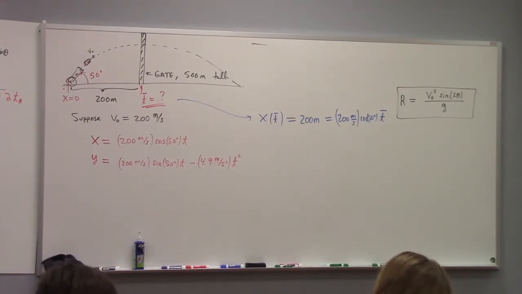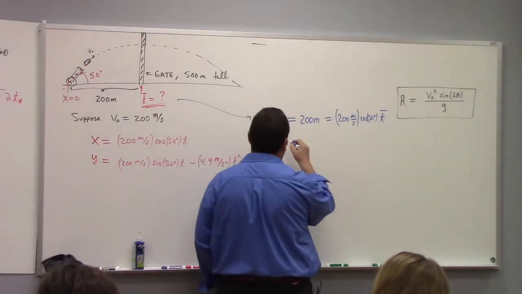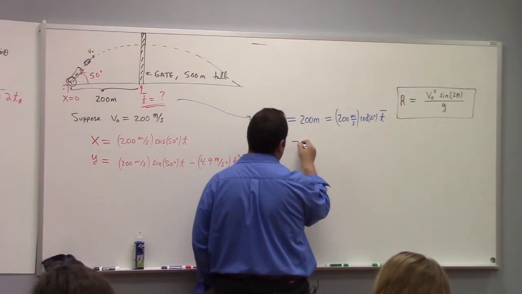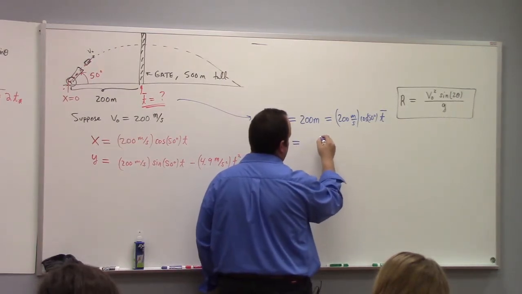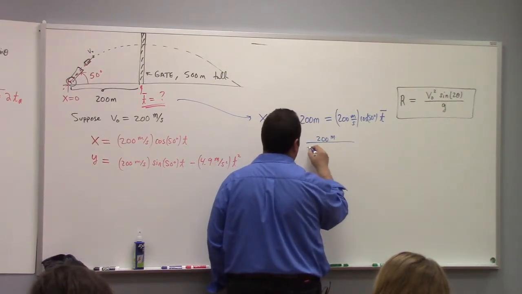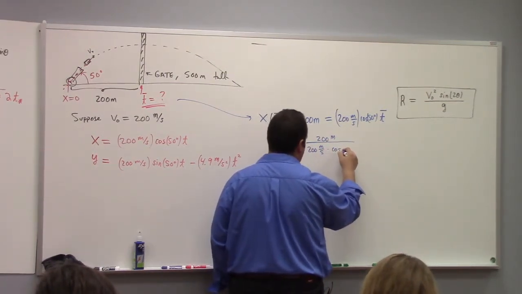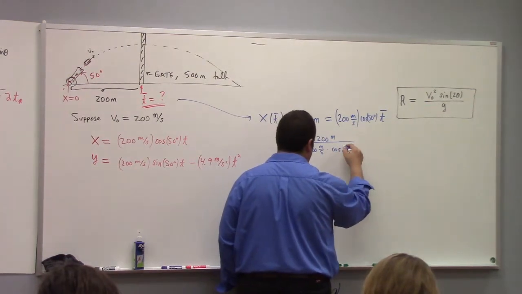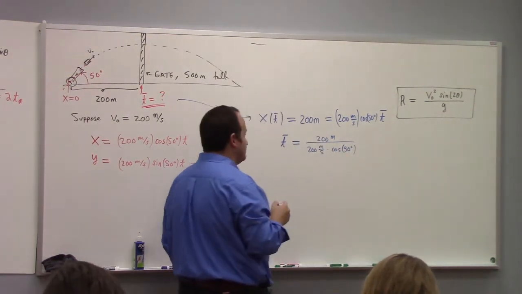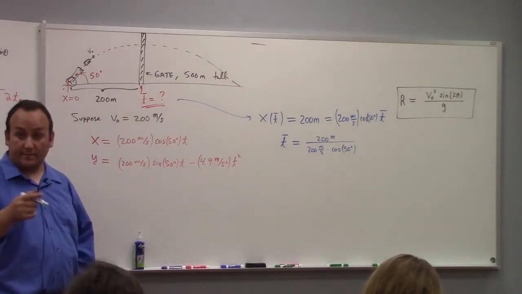Now we've got to do the algebra. What's T-bar? It's going to be 200 meters divided by 200 meters per second times the cosine of 50 degrees. Well, the 200s cancel, and we got 1 over 1 over, yep.